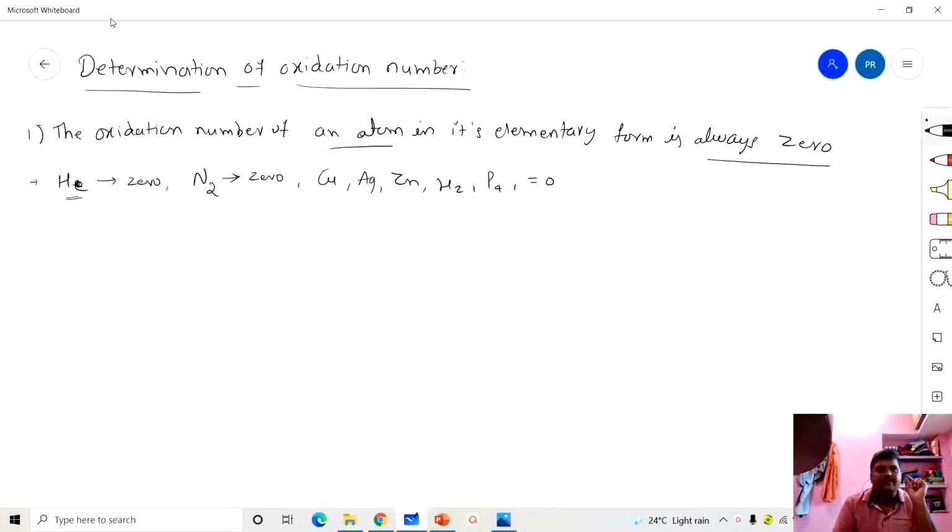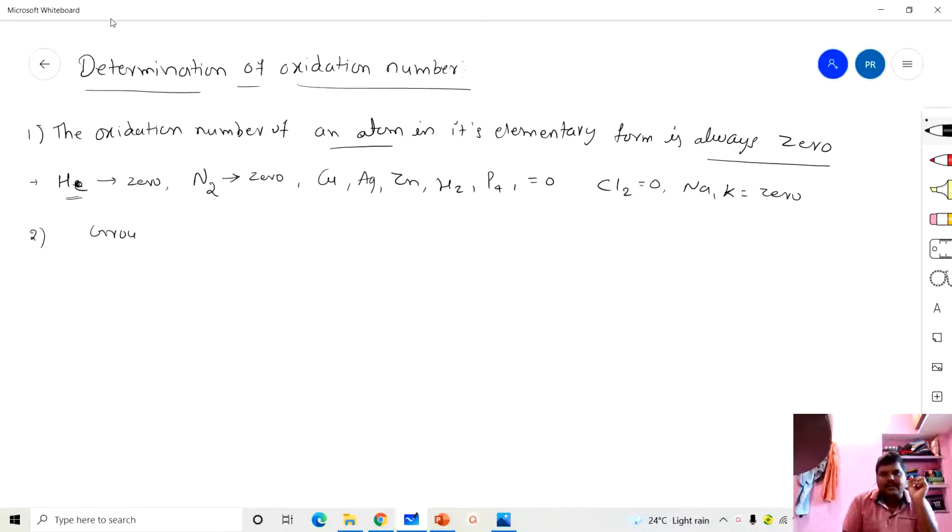Once again, the oxidation number of an atom in its elementary state is always 0. For example, chlorine in its elementary state is 0. Is it clear? If you take sodium or potassium, in its elemental state it is always 0.